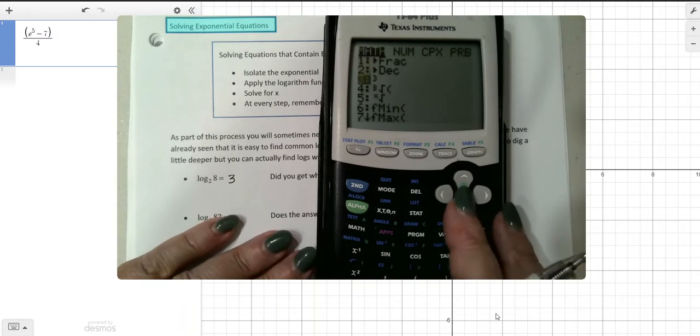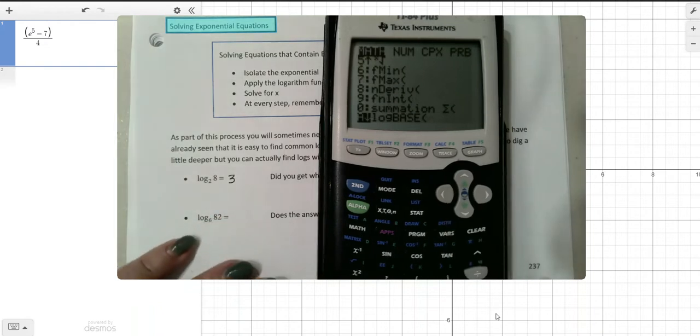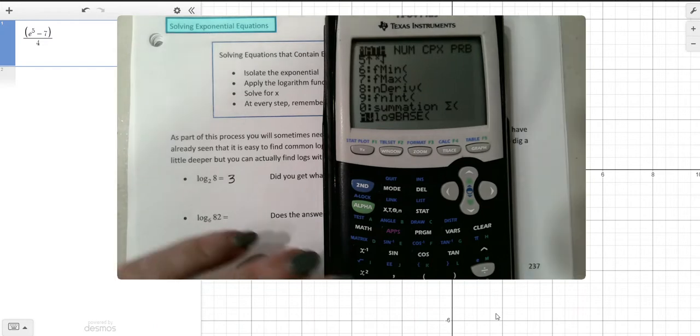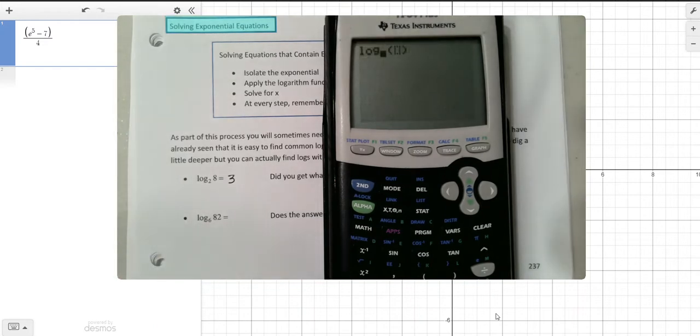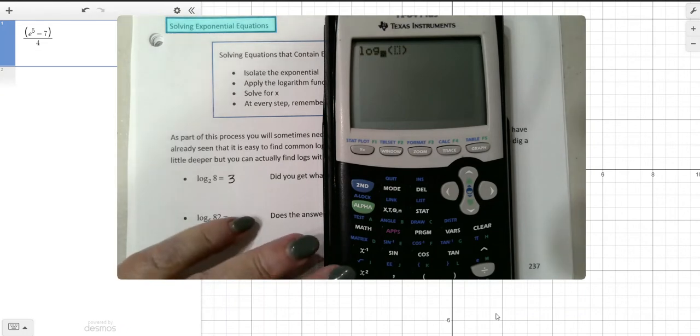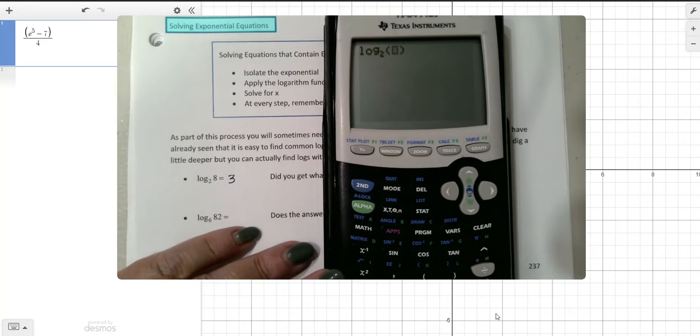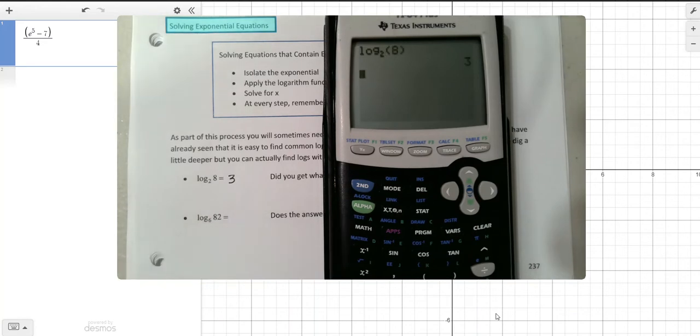Math menu, scroll down. There it is. Eventually, hopefully, if your calculator is newer than that other one, you should come to log base. And when I do that, I get a little template, and I can say exactly what I want. I want log base 2 of 8. And we do get that 3 just like we expected.